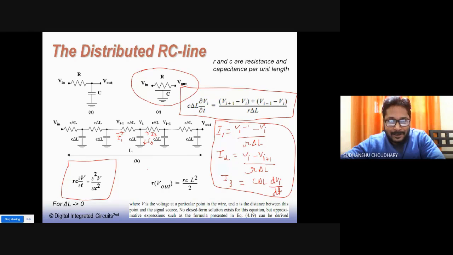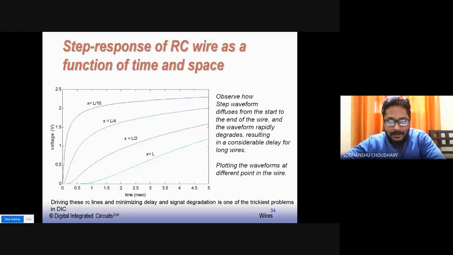Let us understand that with a simulation. This simulation explains the step response of an RC wire as a function of time and space. We have a long RC wire which has resistances and capacitances distributed across its length, and a step input is applied at the input.